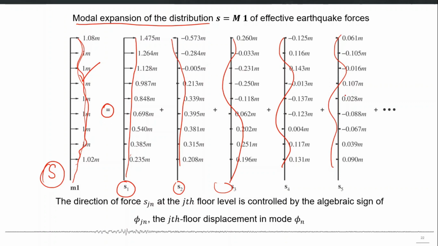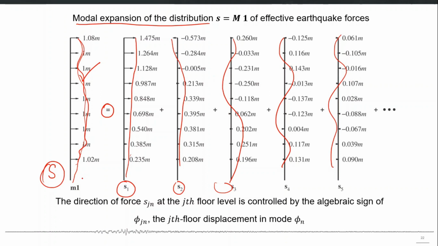So if you sum all these forces or all these patterns, you will reproduce the same irregular looking pattern. And at each instant this is happening because the actual loading pattern is fluctuating and the mode shapes are also fluctuating with their own frequencies.